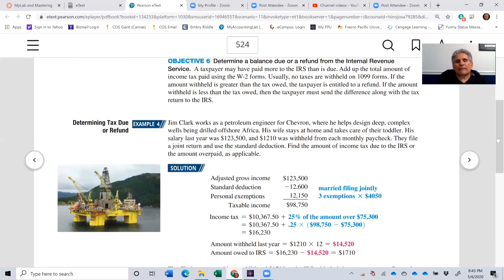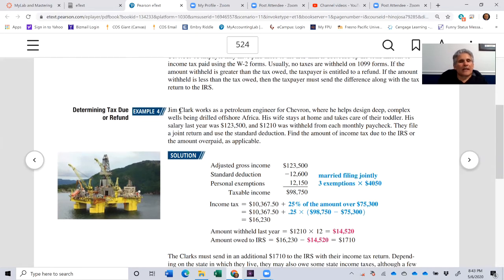All right, so now we need to figure out whether or not there's a balance due or refund, and that's just a function of how much has been withheld already and then the computations. Let's look at the example here. Jim Clark works as a petroleum engineer for Chevron, where he helps design deep, complex wells before being drilled offshore in Africa.